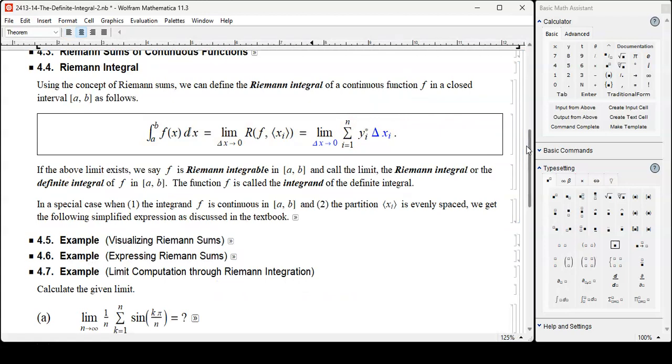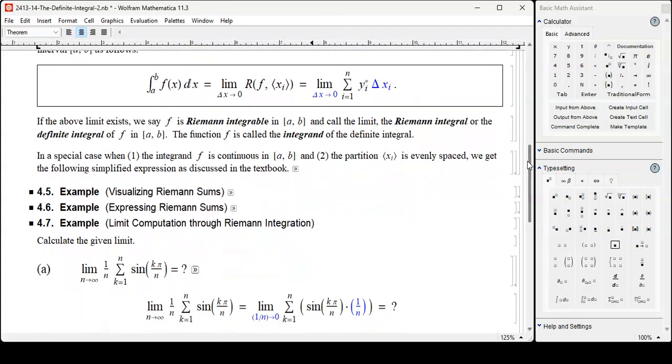So look at blue, delta x here and there. 1 over n here and there. See the resemblance? And then i is running from 1 to n, k is running from 1 to n. Just a choice of character, no problem. And sine of k pi over n, that's gotta be yk star.